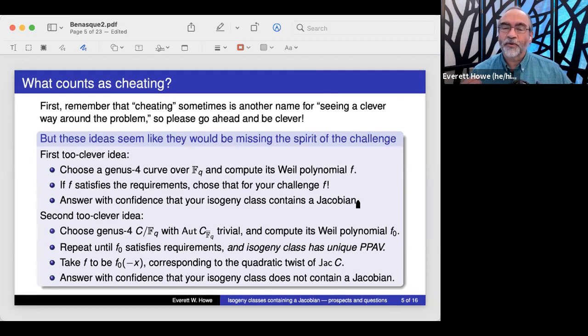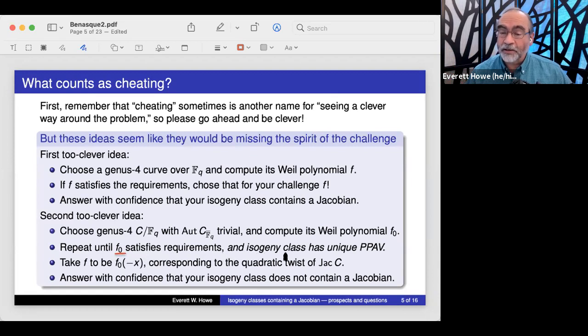Suppose you choose a genus 4 curve, and let's say that its automorphism group is trivial, and you compute its Weil polynomial, and you repeat this until you find a Weil polynomial f naught, which suggests we're going to be changing something. Repeat until your f naught satisfies the requirements, and there's only one principally polarized abelian variety in the isogeny class.